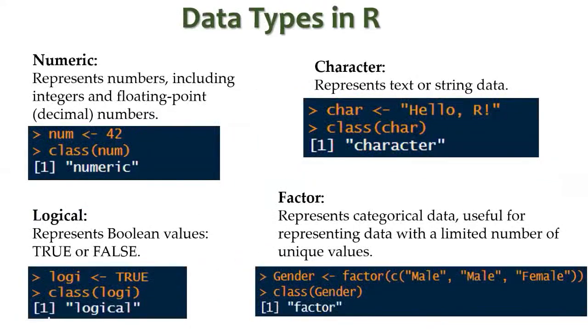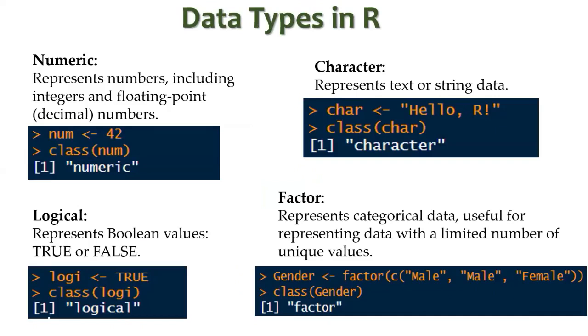Then we move on to data types. Variables are used to store data, and each data in R has a particular type. In R, there are several data types that we can use, but the most common ones are the numeric data types, the character data types, the logical, and then the factors.